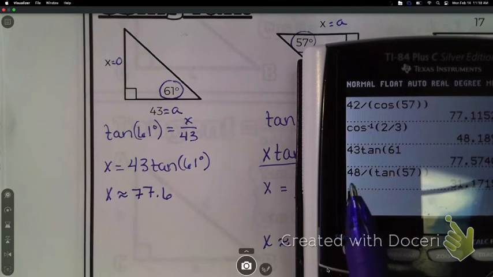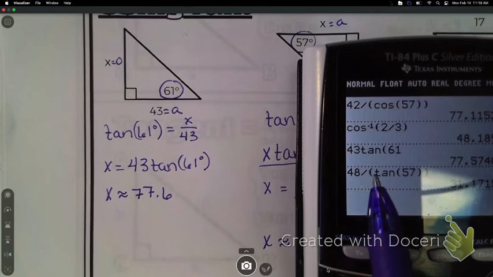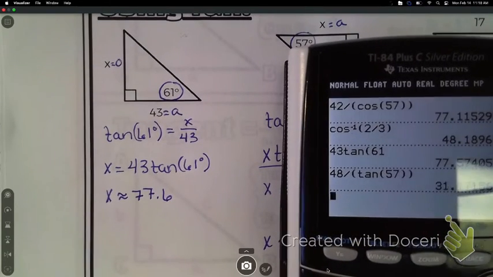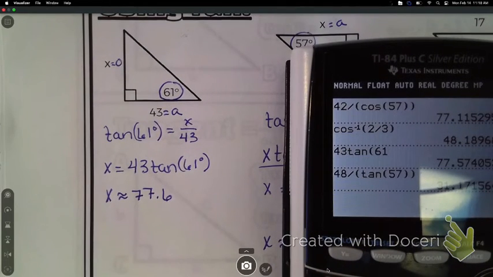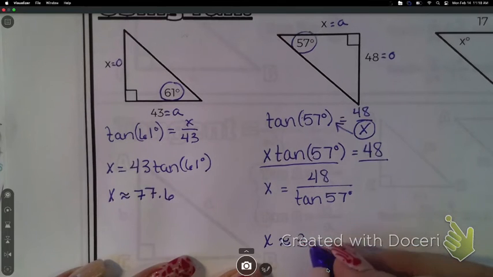Try it again: 48 divided by tangent of 57. Did you put double parentheses? Sometimes we'll swear we put it in right and then we look and say, oh, I put 47 and not 48. Did you get it now? So what did you do wrong? Who knows? Okay. So we're all at consensus at 31.2?